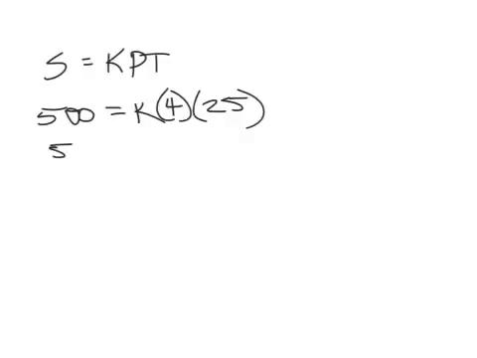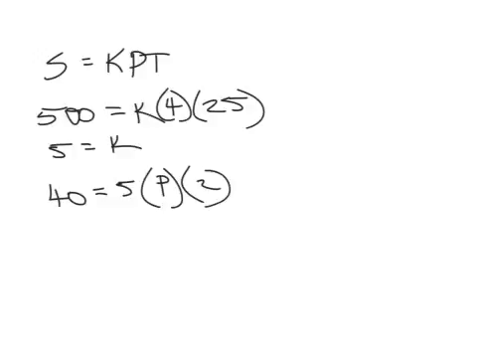So that's going to be 500 equals k times 4 times 25, and we end up with k is 5. Okay, so then it says, how many plums would go with 40 strawberries? There's our k. We're looking for plums, and they should tell us tomatoes. 2 tomatoes. Alright, so they give us that, and you find out, let's see, 4 is how many plums you have.